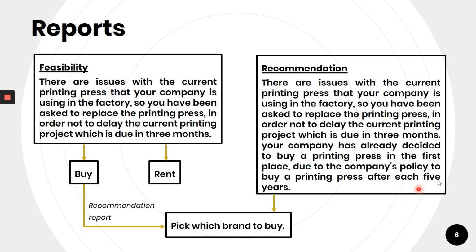But let's say your company has already decided to buy a printing press in the first place, due to the company's policy to buy a printing press after each 5 years, for example. Then you can straight away do a recommendation report without having to do a feasibility report first, because it is already confirmed that buying a new printing press is feasible or can be done.